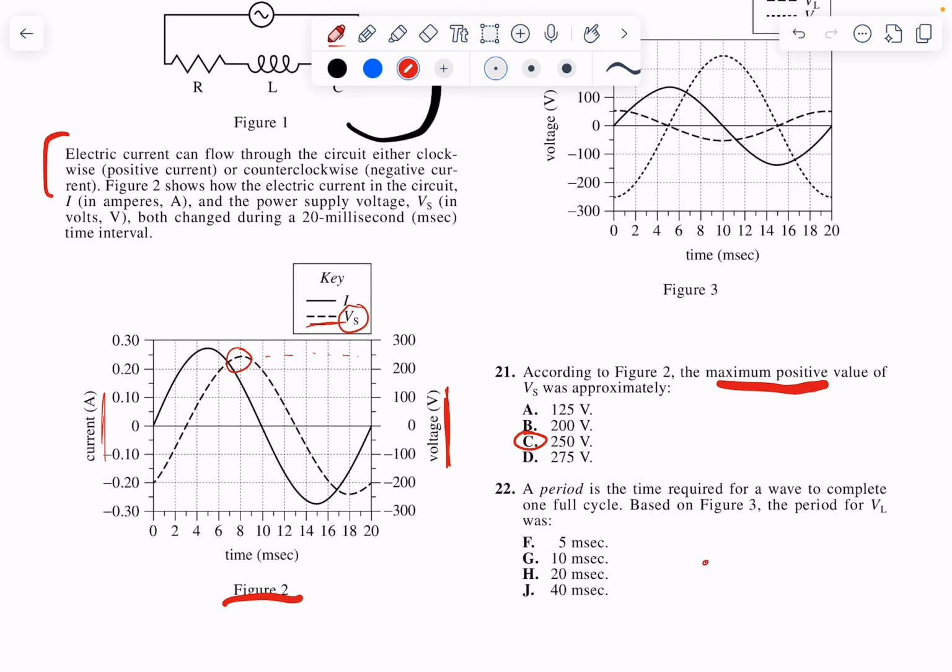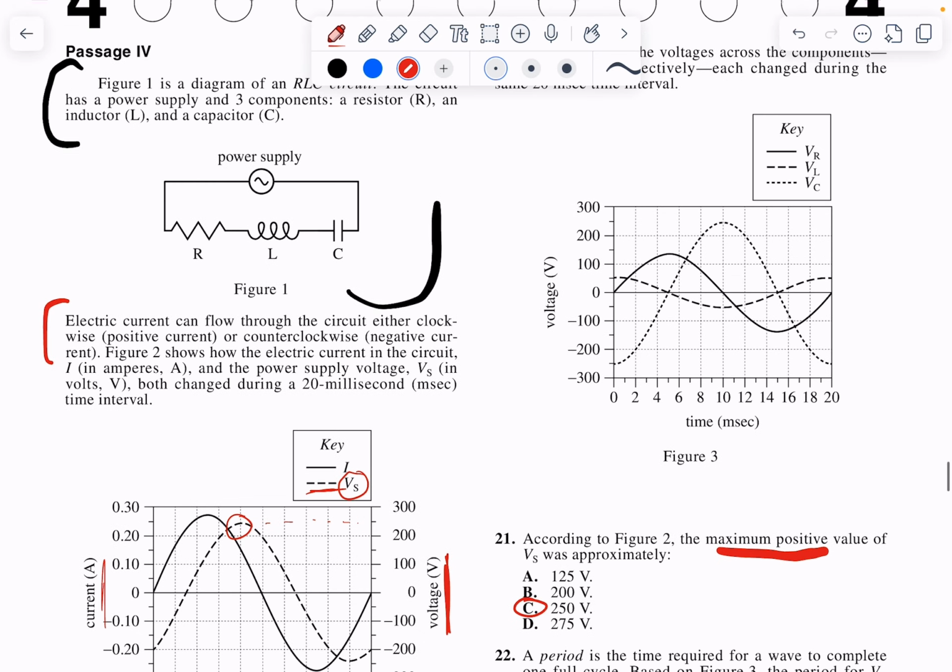22, a period is the time required for a wave to complete one full cycle. So starting right here, that would be one period to do one full wave wiggle. Based on figure 3, the period for V sub L was what? So let's come up here. Let's look at VL, which is the medium dash guy right here.